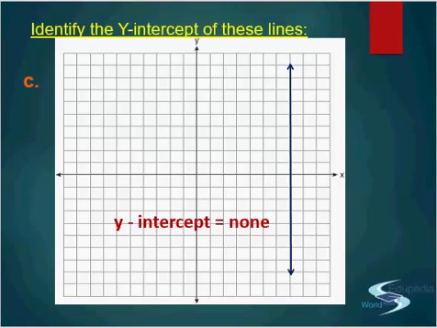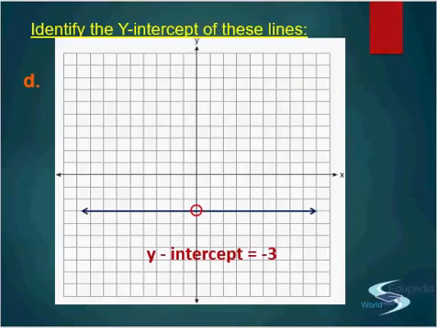Over here the straight line does not cut the y-axis at any point, so we're going to write it as none. There is no y-intercept. And then in the end we have over here a y-intercept of -3. This is pretty straightforward. Don't mess this up, it's really easy.